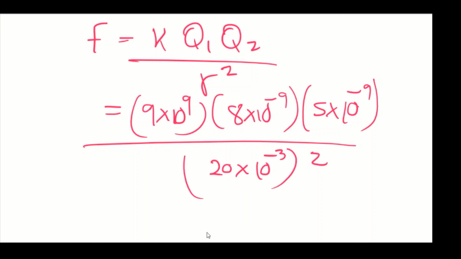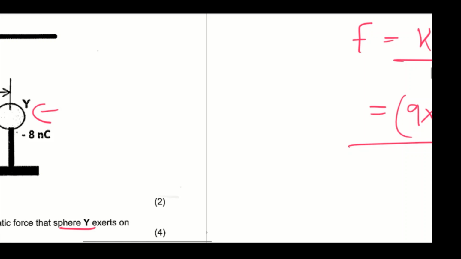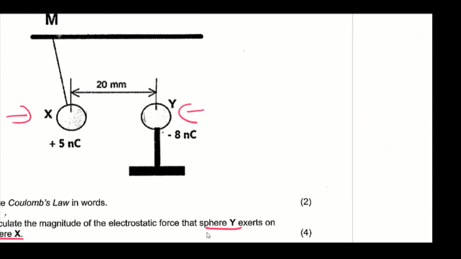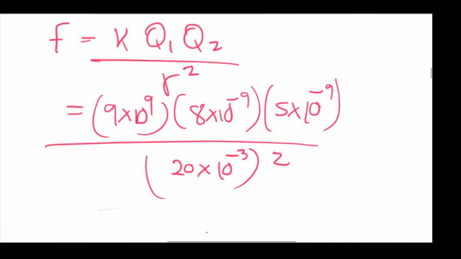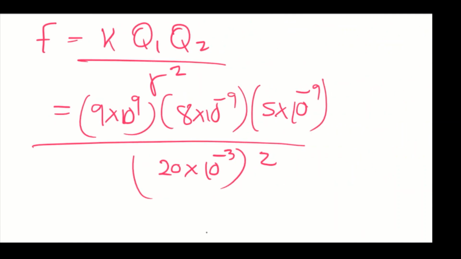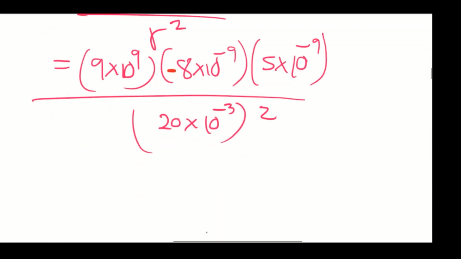If you notice, I didn't include the sign of the other charge. The charge of Y is minus 8 nanocoulombs, but you can include it because force has direction. You can just include it if you want, and when you punch the calculator, you should get 9 times 10 to the power of minus 9 newtons.